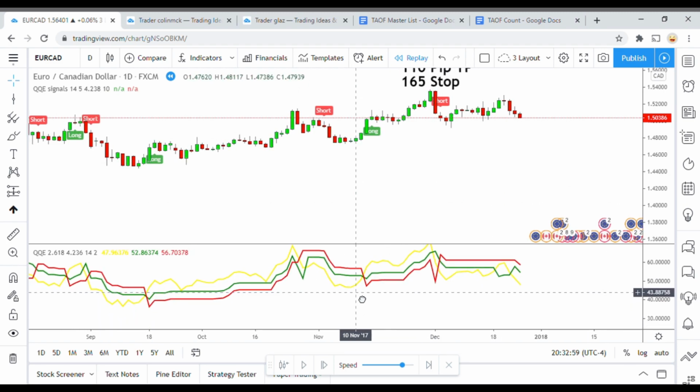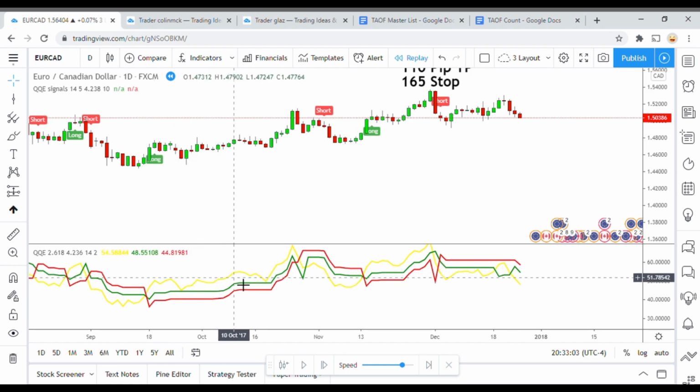Essentially, when you look at the QQE, you have the yellow line here, and that's kind of our signal line. Then you have the green and the red lines here.